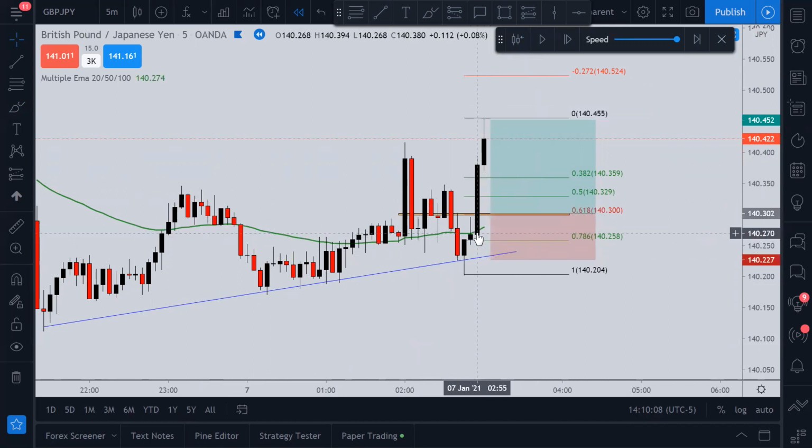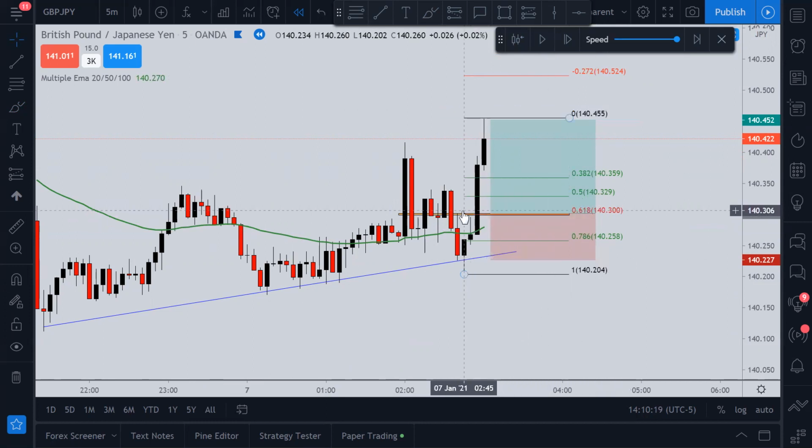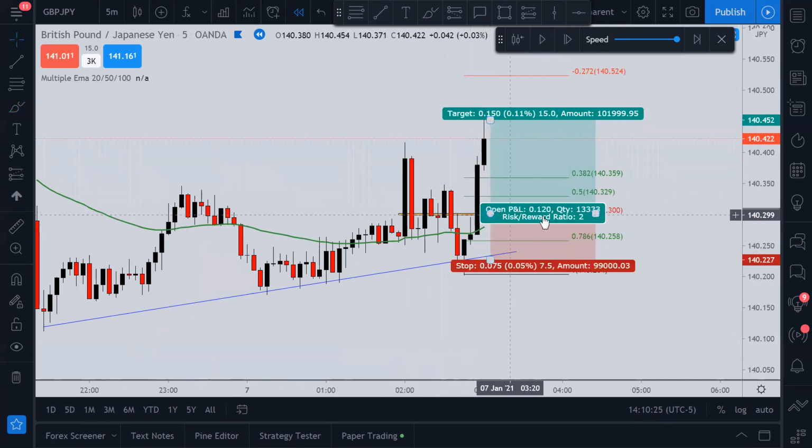So we have the EMA acting as dynamic support. We have the 618 fib in alignment with a previous high of structure. So we have some good protection for our stop loss.